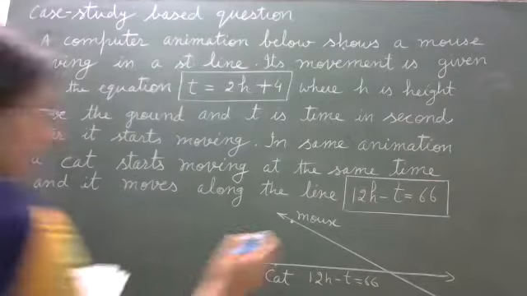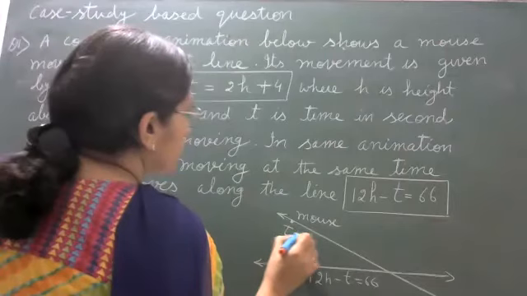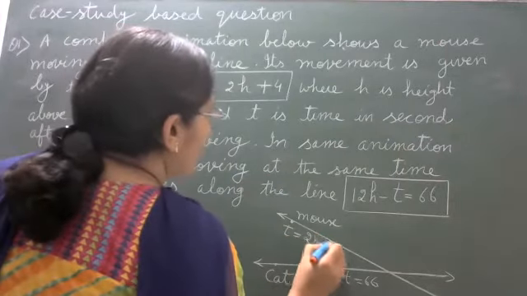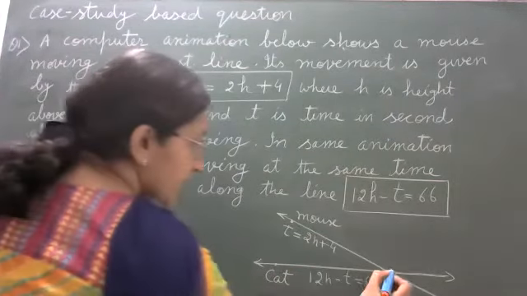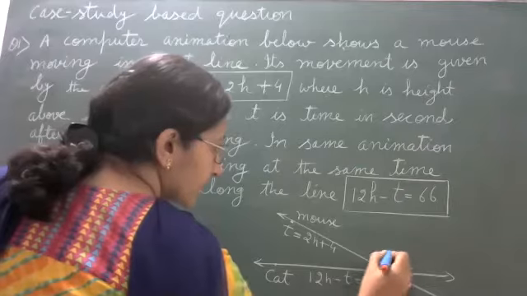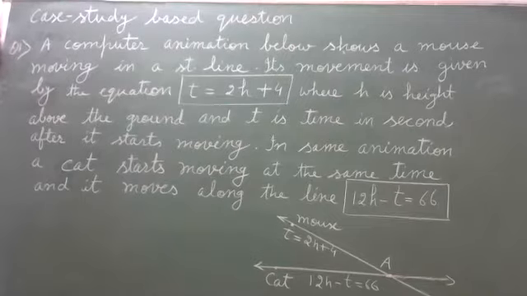And the second equation here it is t is equal to 2h plus 4. And this point is A, which is the point of intersection. A is the point of intersection.